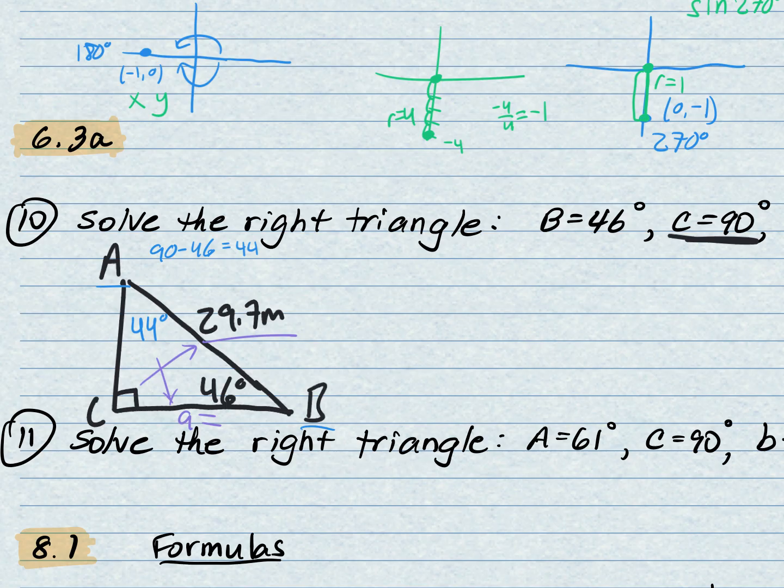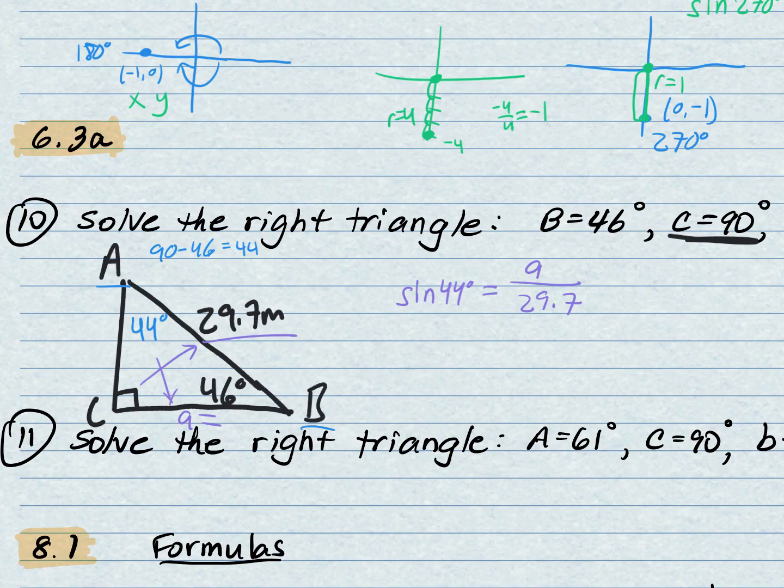I want to find the opposite given a hypotenuse, so we use sine. Sine of 44 is going to be my opposite over hypotenuse, 29.7.